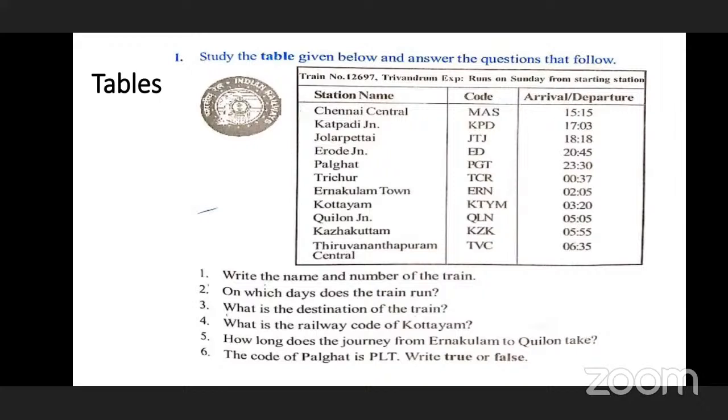If you take Kottayam, see Kottayam's code is KTYM, and in that station the train moves at 3:20. So this is how the table communicates the information of a particular train and its halting stations and codes of those particular stations and arrival timings in that particular stations, communicated in this tabular form of nonverbal data.